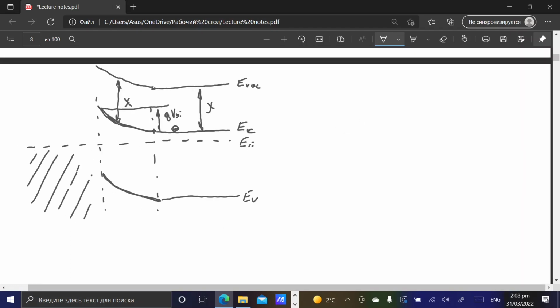This potential barrier will be, like band bending is symmetrical, so it will be the same here, q VBI, and the same will be here, q VBI. So the question will be, what is the height of this potential barrier? So q times VBI, q is elementary charge, q times voltage gives us energy, so it's potential barrier. What will it be equal to?